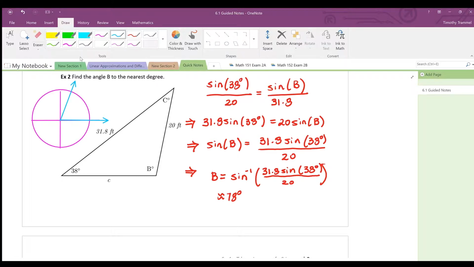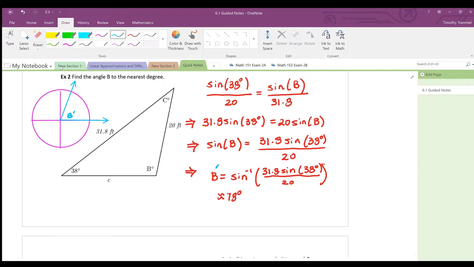Now, the thing is, sine inverse, remember, only gives us angles between minus pi over 2 and pi over 2, or if we're in degrees, minus 90 and 90. So of course sine inverse didn't give us this B that we were looking for. What that really means is we've found some other angle. Let's just call it B prime.